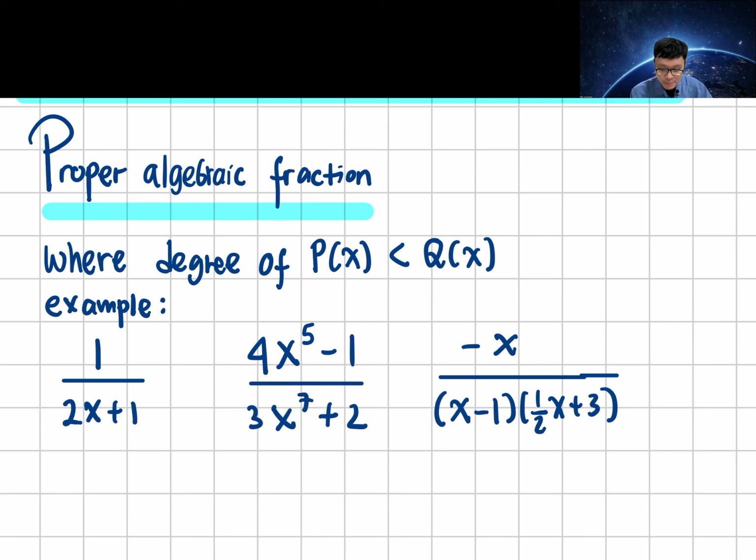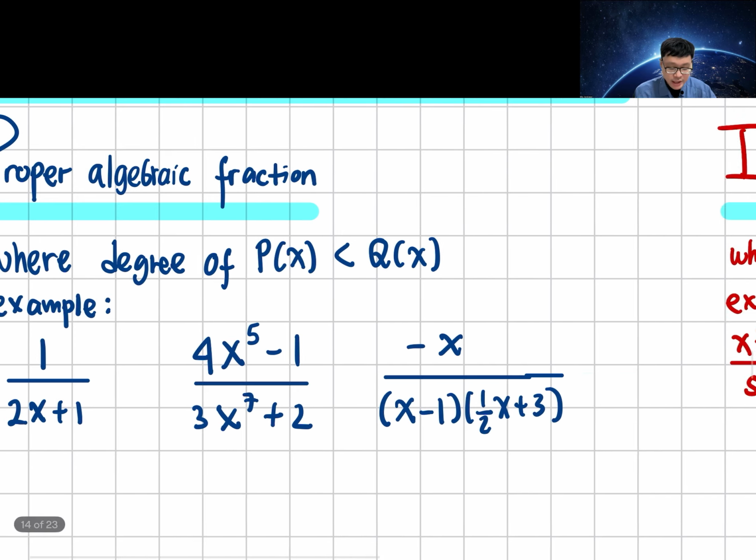For the third example, the numerator degree is 1 while the denominator degree is 2, because you have x times x, you get x squared. So whenever the numerator degree is less than the denominator degree, it is proper.